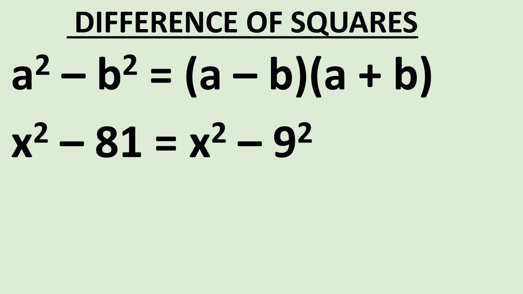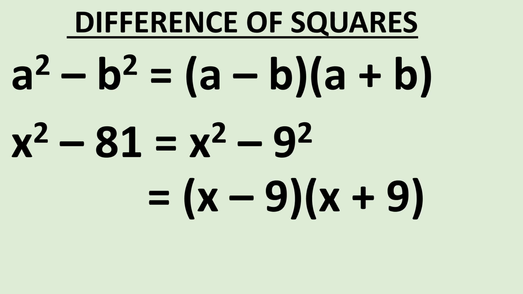But before we solve that, let's rewrite x squared minus 81 as a difference of squares. So we know that 81 is 9 squared, so we'll say x squared minus 81 equals x squared minus 9 squared. So that means we can now apply the difference of squares, which says that a squared minus b squared will be (a minus b) into (a plus b).